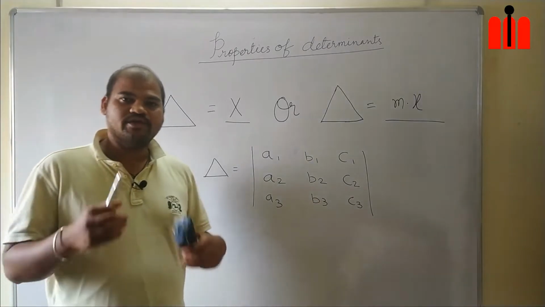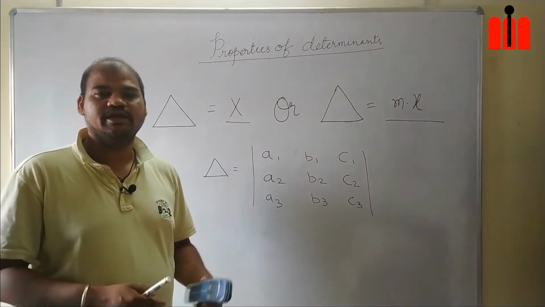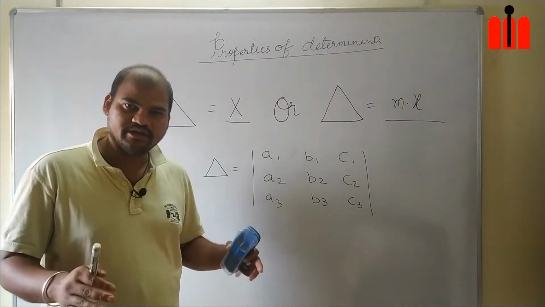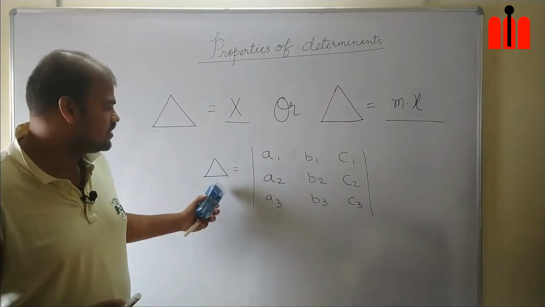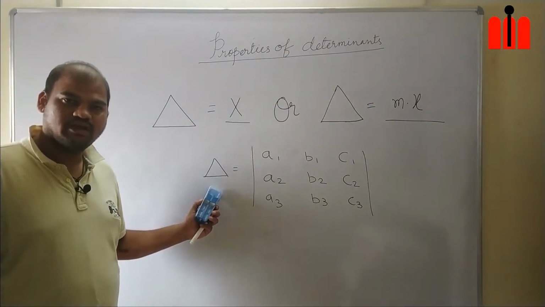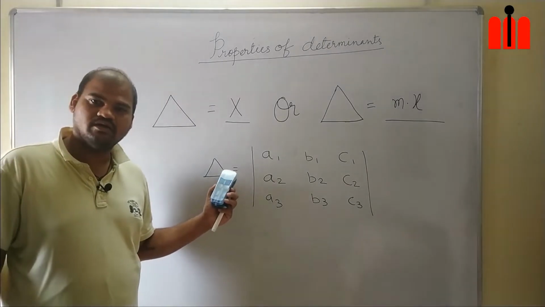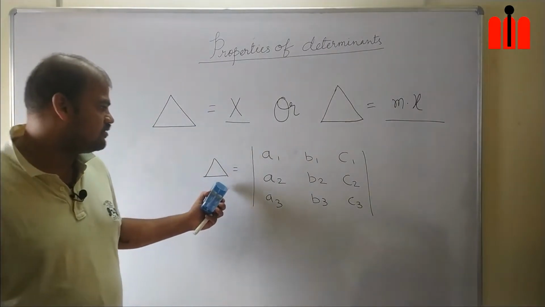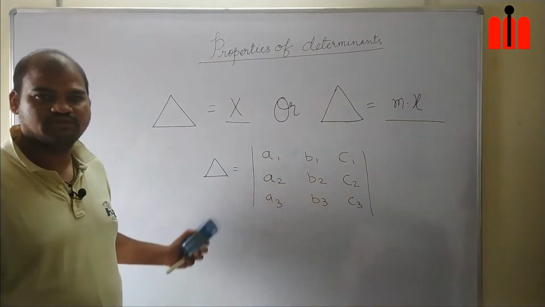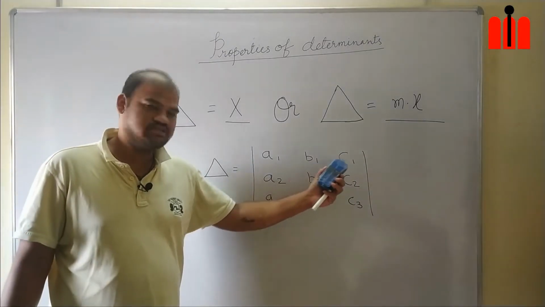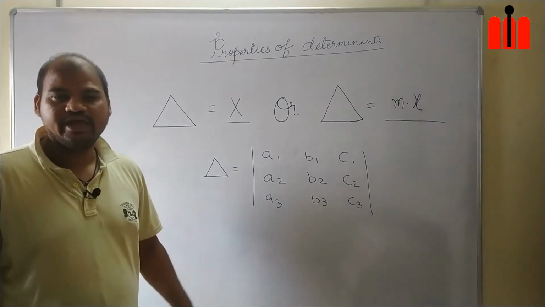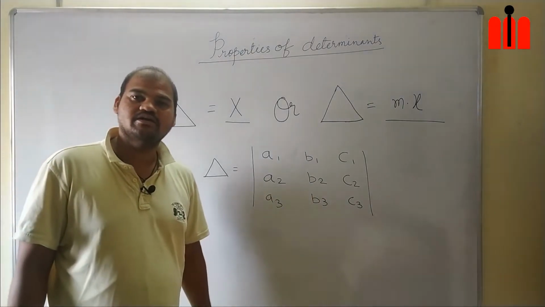If some elements in the del are changing, if some rows are changing to columns or columns to rows in a determinant, well, del is the keyword for a determinant. It is a symbol. Delta is the symbol for determinants. So I will take one symbolic representation of the determinant as A1, B1, C1 as the first row, A2, B2, C2 as the second row, A3, B3, C3 as the third row.